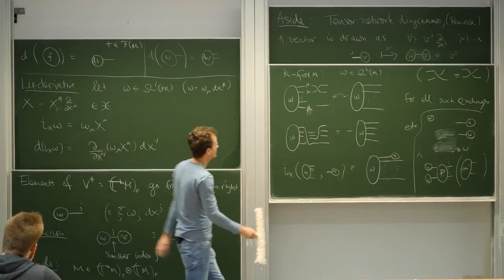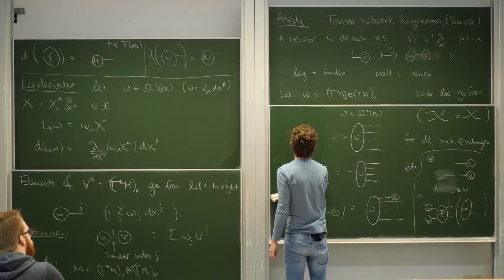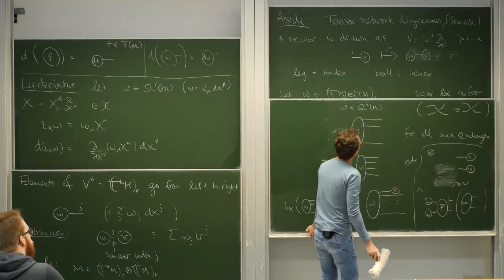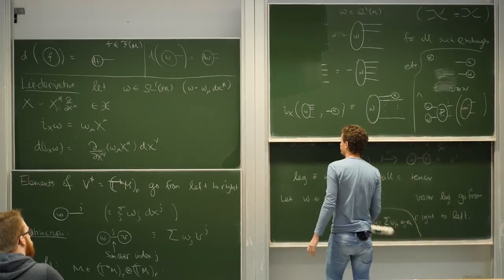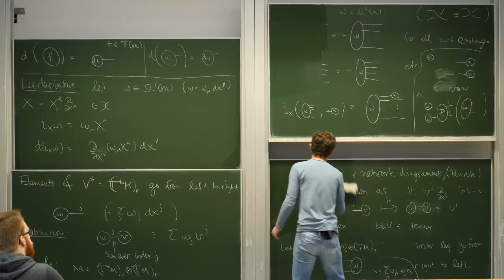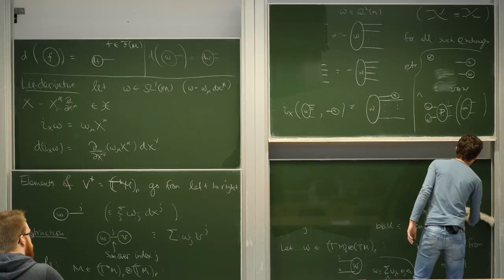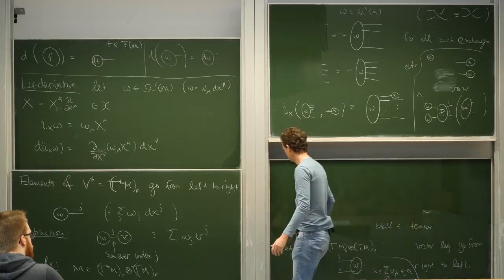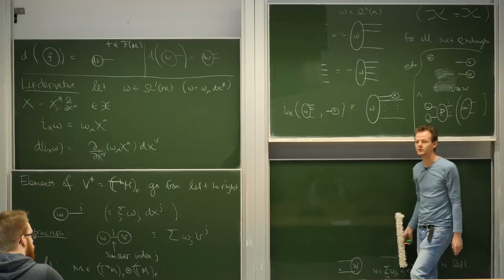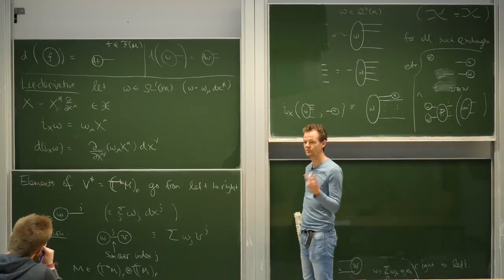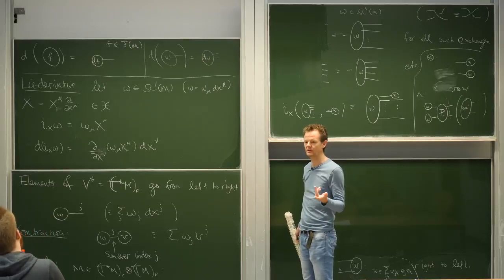Suppose instead we'd taken the exterior derivative of omega and then the interior product. Well, we'd also get a one form if we took first the exterior derivative and then the interior product. So we have two ways of getting a one form from a vector field and a one form: first interior, then exterior, or first exterior, then interior.